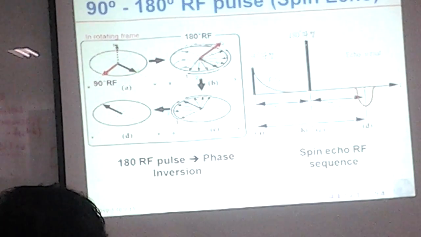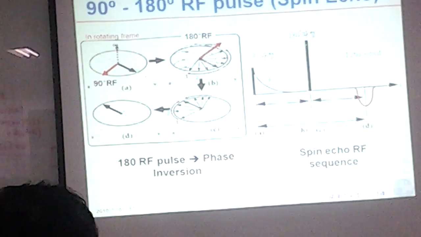Then each dispersed spin flips due to the RF pulse. So each spin is rotated along the RF pulse axis because the rotation direction of the flip is clockwise.